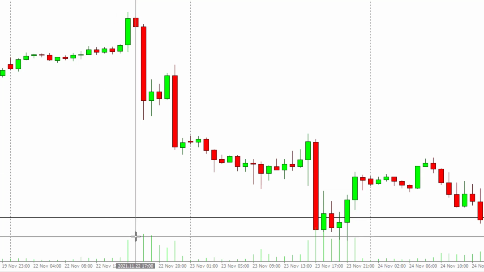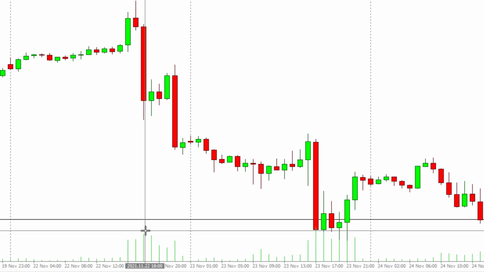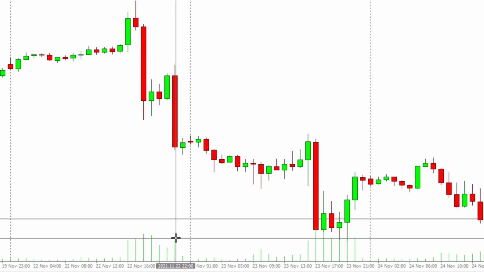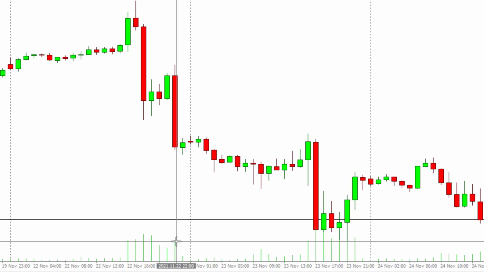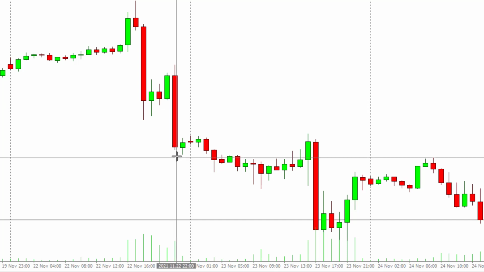Here the volume decreases, decreases, and then increases. The previous candlestick closed lower here, so you can sell.